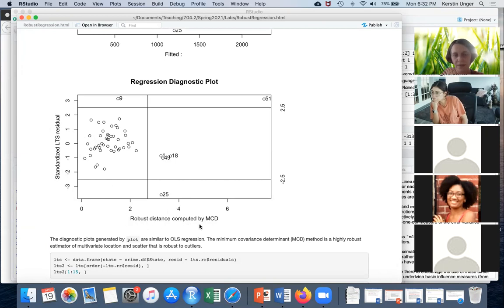The distances calculated for the data points are based on the good data points only, so the model. All right. And you can see that there are a few more that are diagnosed as unruly here, right? Okay.